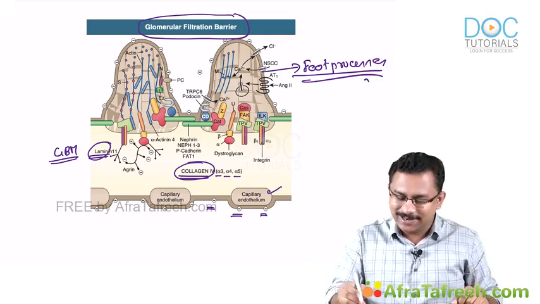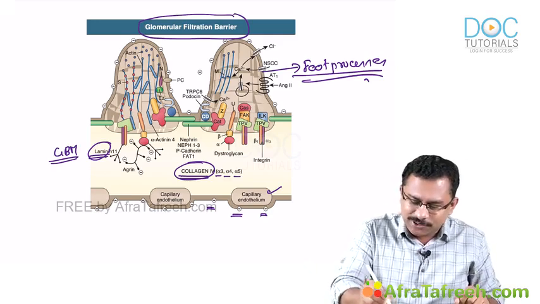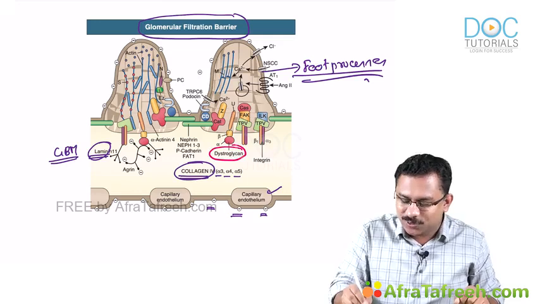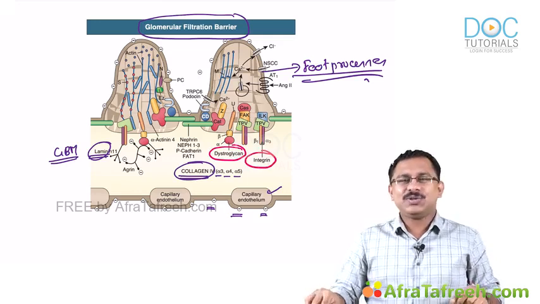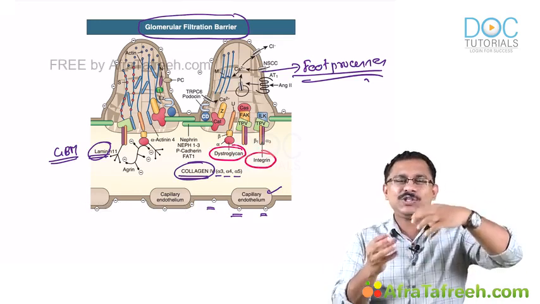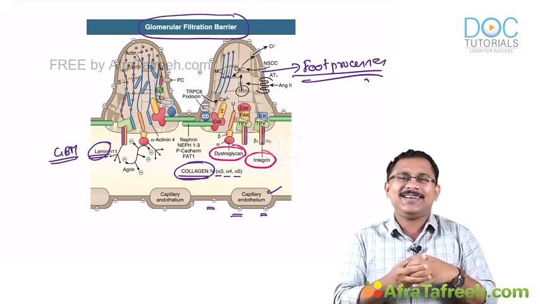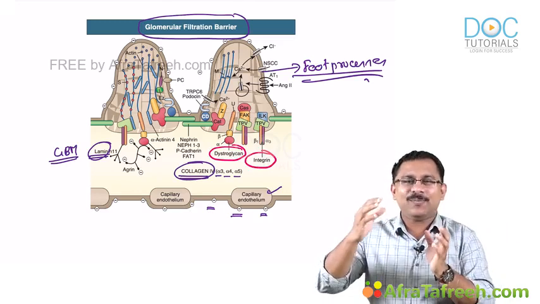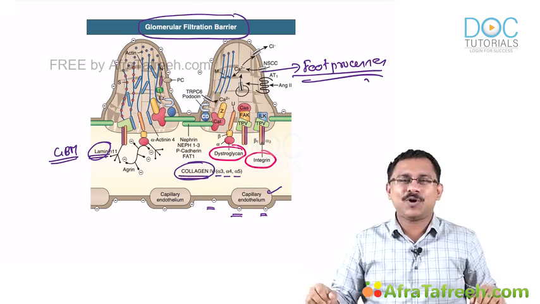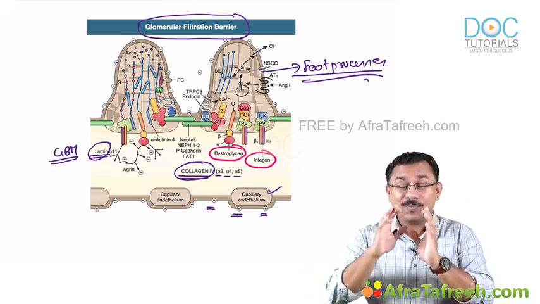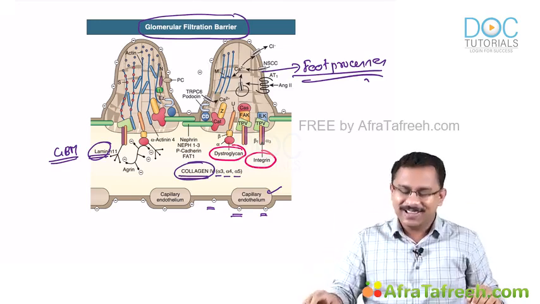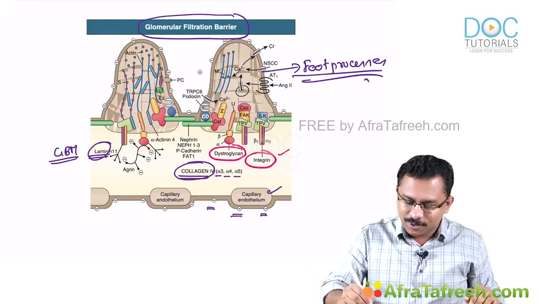Are you able to see two proteins here by the name dystroglycan and integrin? These are proteins which help to anchor your glomerular basement membrane and the foot processes of the podocytes together. So that is very, very important.